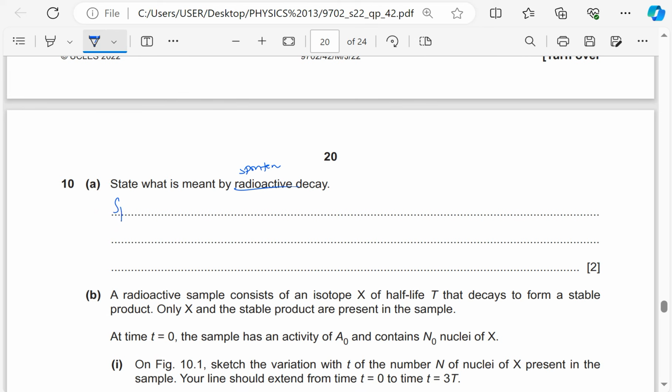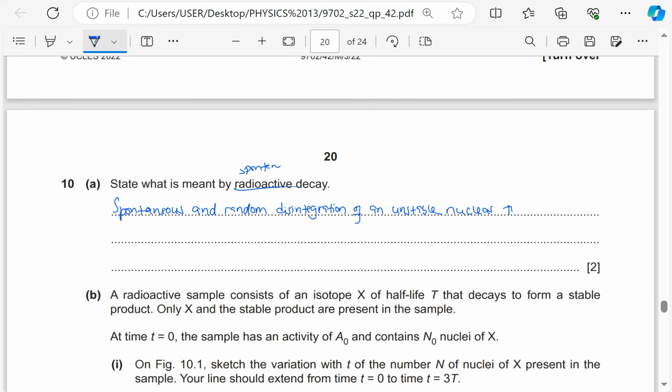So this is going to be the spontaneous and random disintegration of an unstable nucleus.